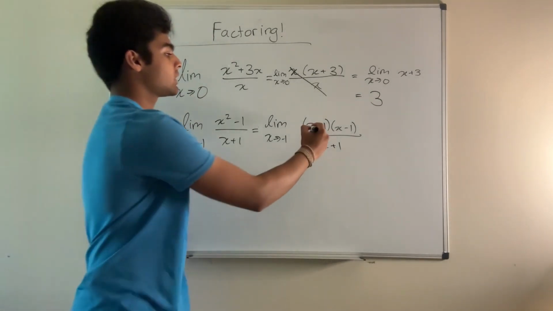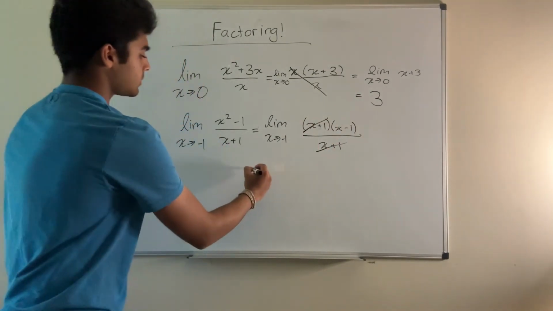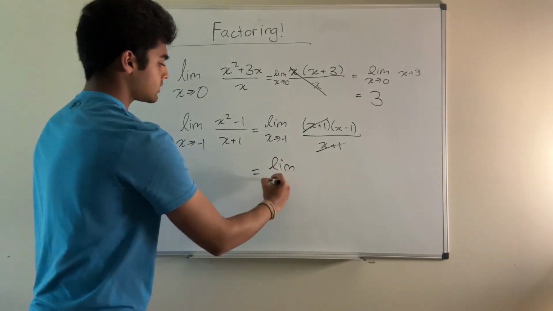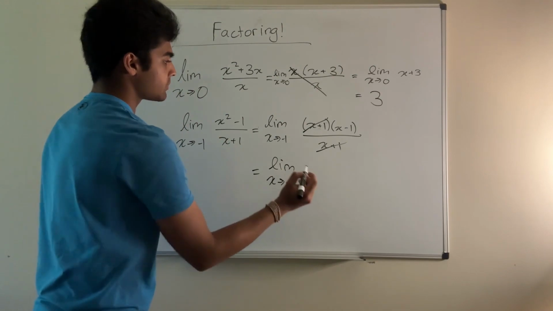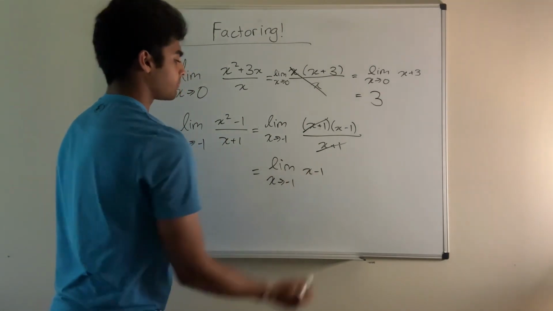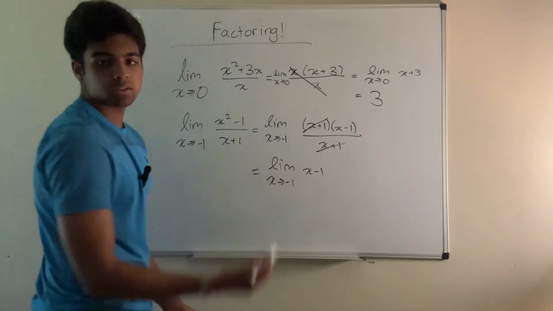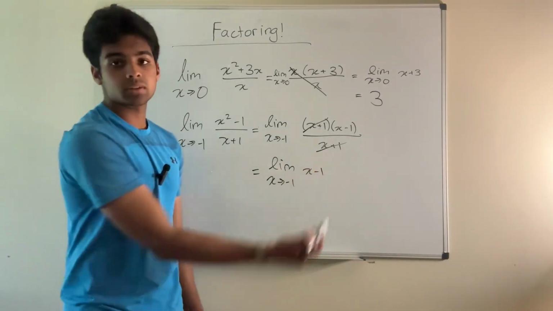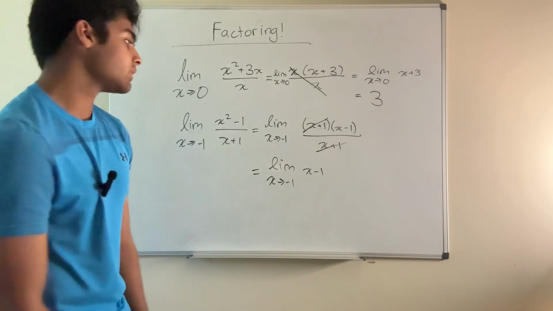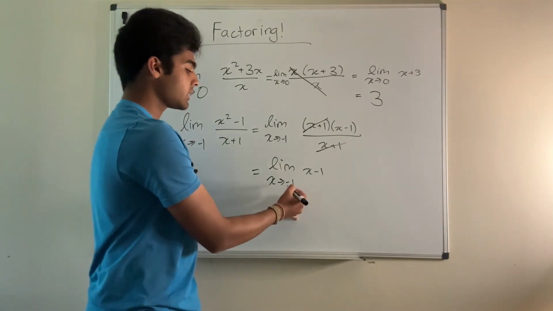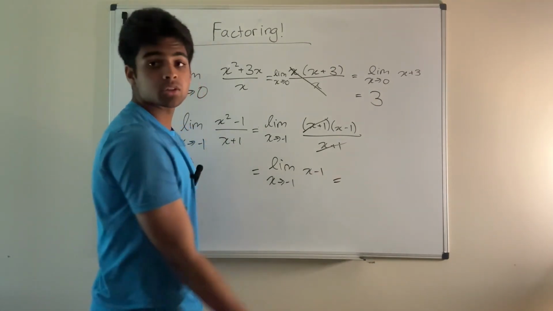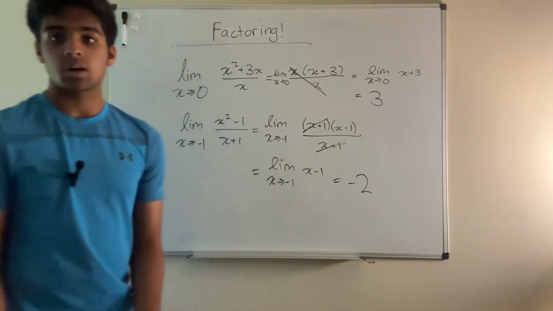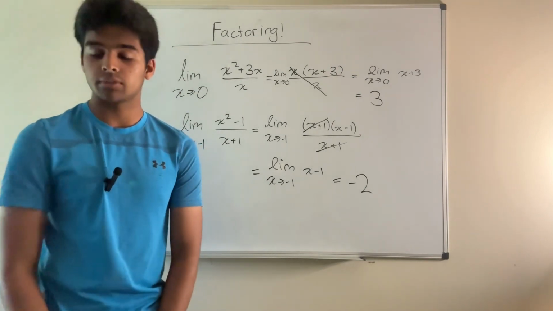And then we can cancel out this, and we're left with the limit as x approaches -1 of x minus 1. And then here we can just directly substitute because this is a function that is defined for all real values of x. So if we plug in -1 right here, we get -1 minus 1, which is -2. And that's how we solve limits using the factoring method.